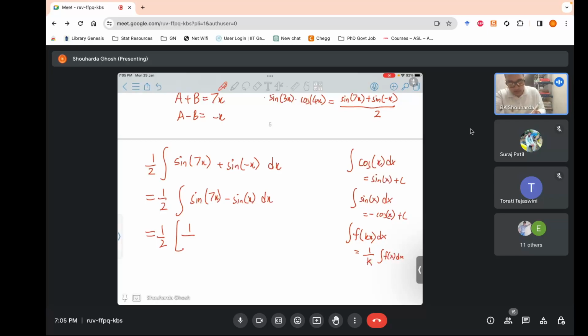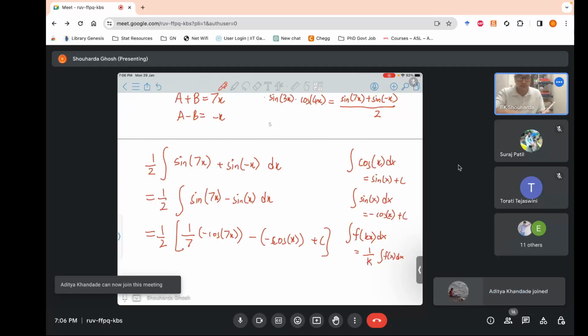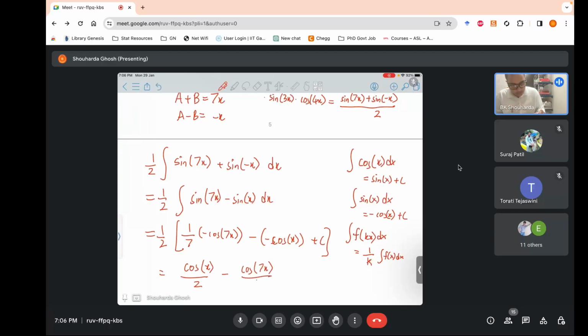Our 7 will come out and we'll have a minus cosine of 7x. Similarly, we have a 1 over here, and we have a negative sign, so minus of minus cosine x, and then the c. So it is cosine x upon 2 minus cosine 7x upon 14 plus c.